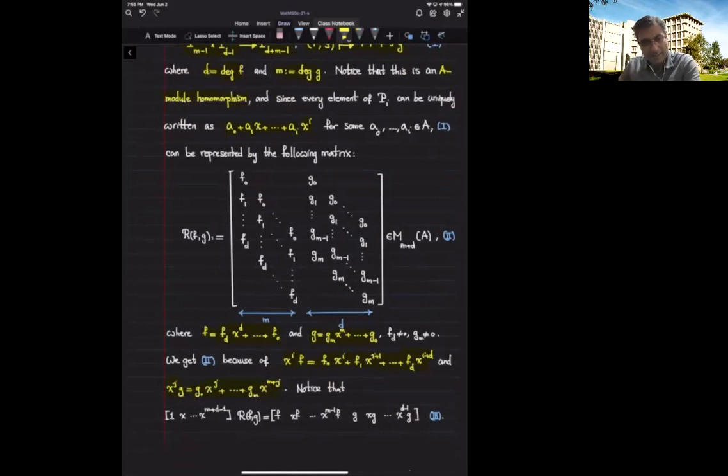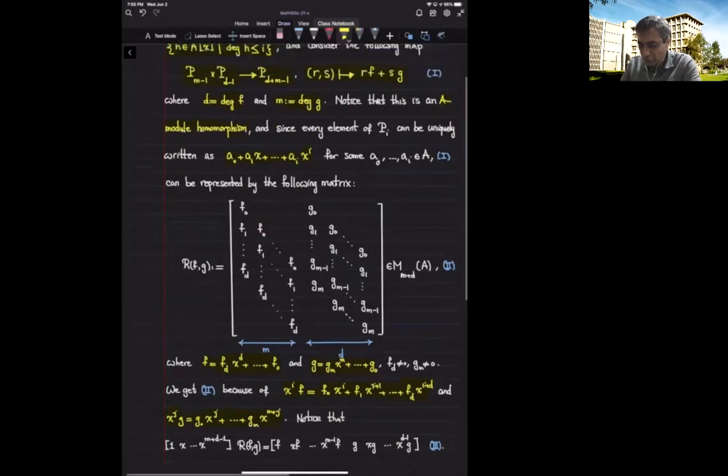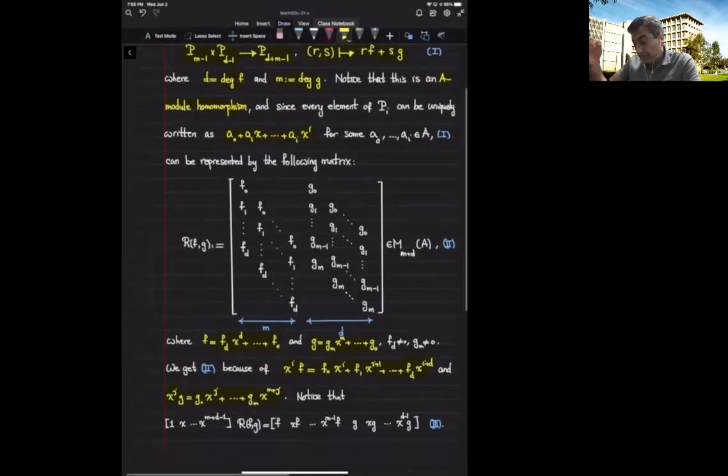So if I write them in the unique way that we can, in P sub d plus m minus 1, the coefficients, the usual way that we do it in linear algebra, putting them in the columns of this matrix, I end up getting this matrix.